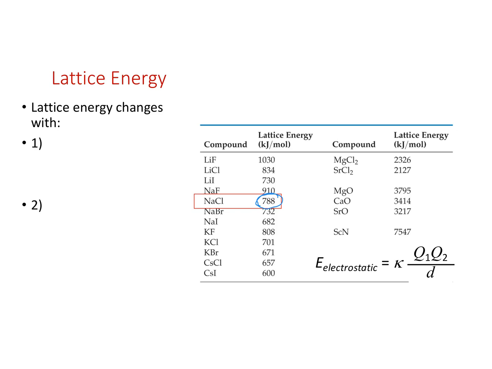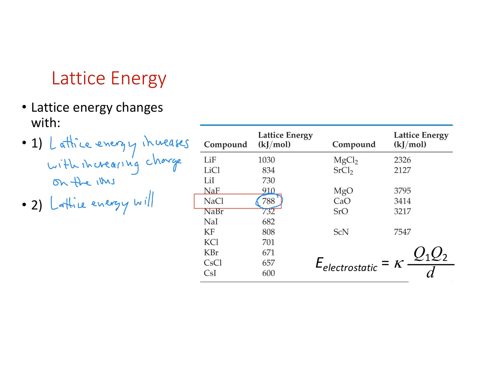The two trends with our lattice energy, right? In general, lattice energy increases with increasing charge on the ions, and lattice energy will decrease as the distance between ions increases.